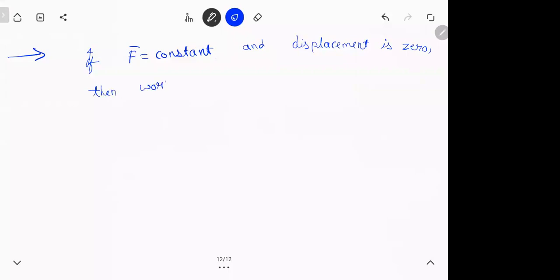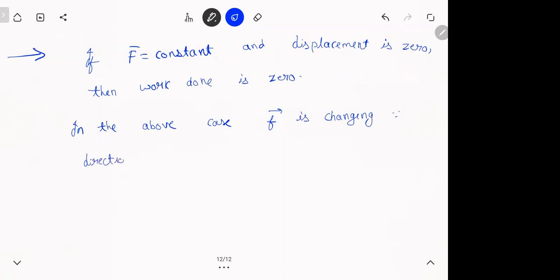So in the above problem, friction is not constant. In the above case, F bar is changing direction. Magnitude is constant, but F is changing now. So you can't use that formula directly.